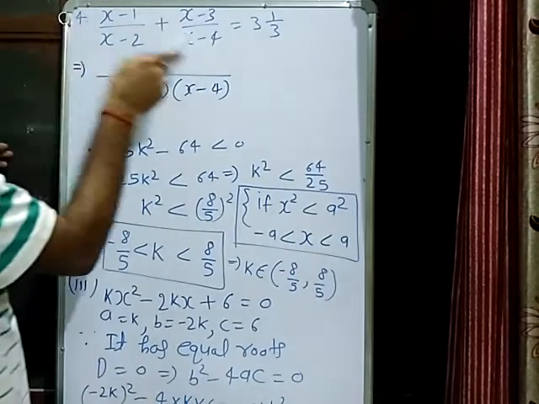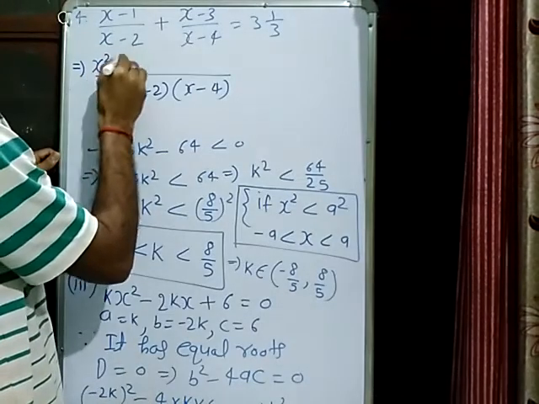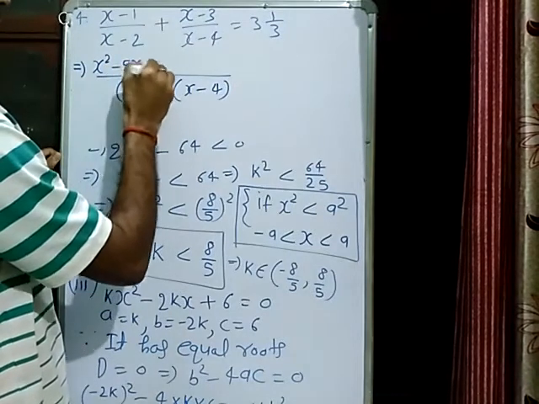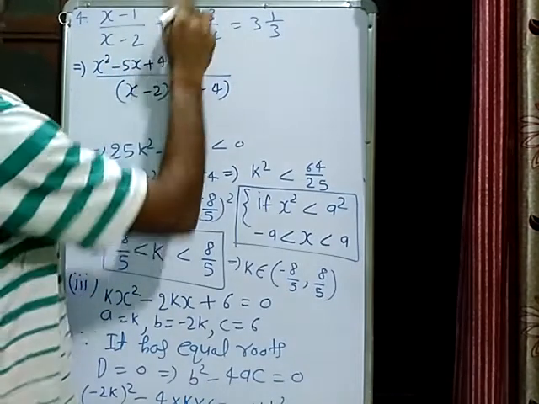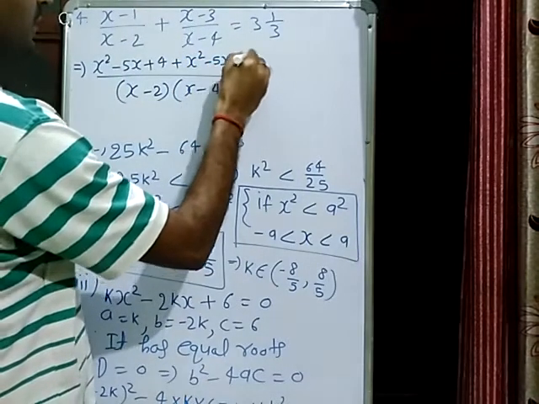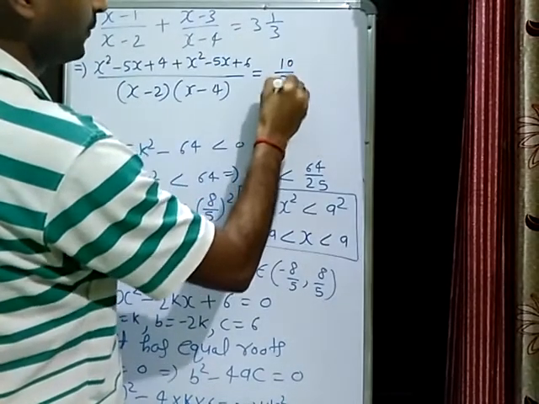Multiply x minus 1 with x minus 4. If I write directly, x square will come, minus 4x and minus 1x gives minus 5x, and plus 4. The other term multiplied here gives x square minus 5x plus 6, is equal to 3 threes are 9 plus 1, 10 upon 3. Correct?